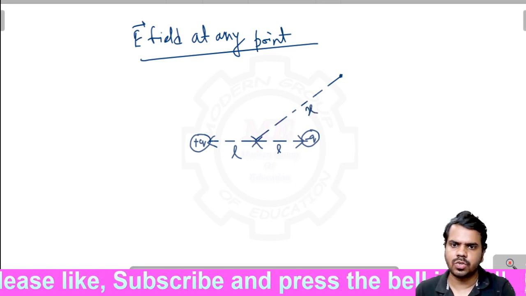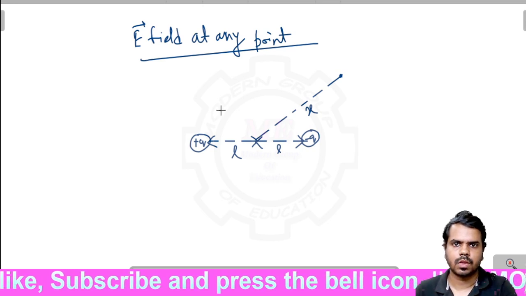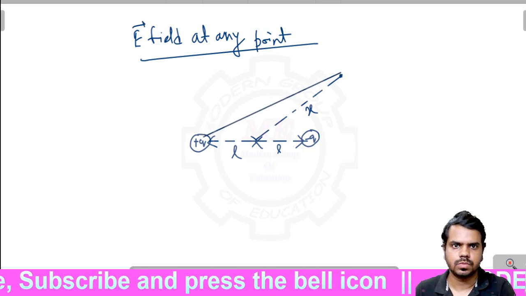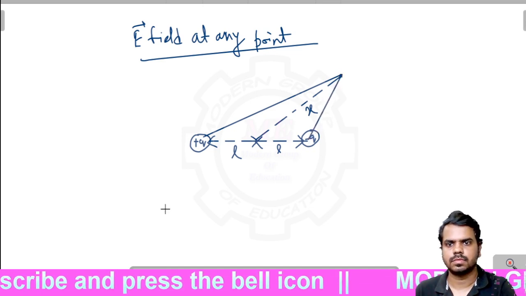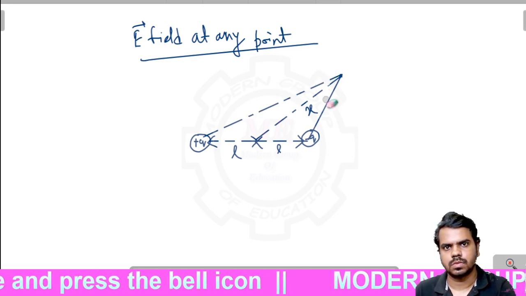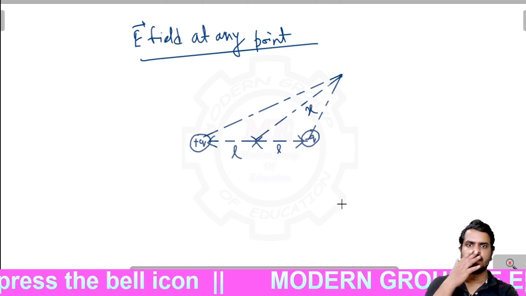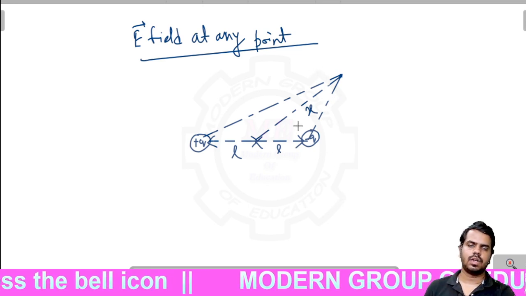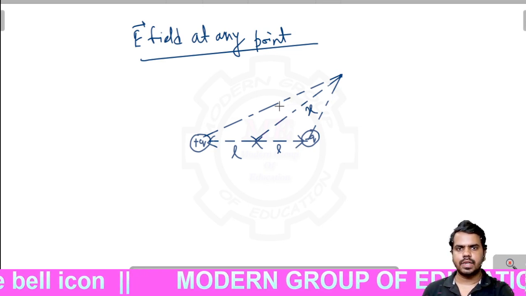Now you have to join again those points like this, like this. Okay. So this is the point. Now we don't know the direction of electric field in this direction.